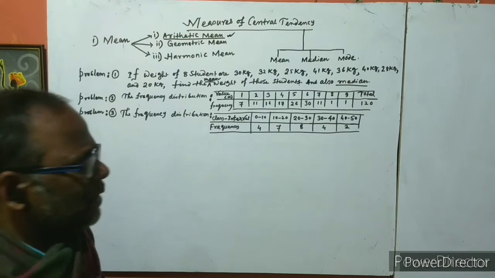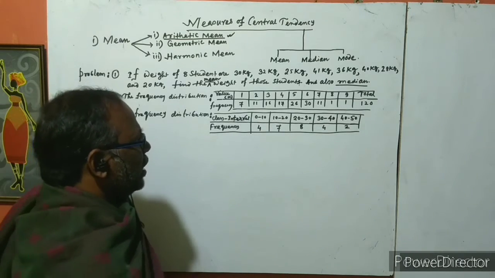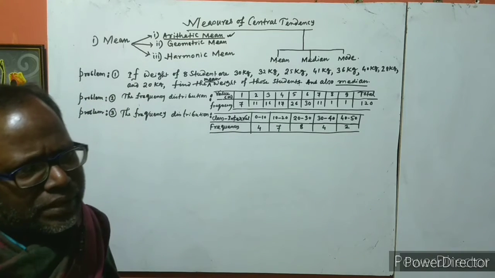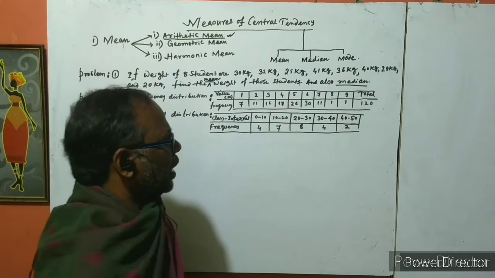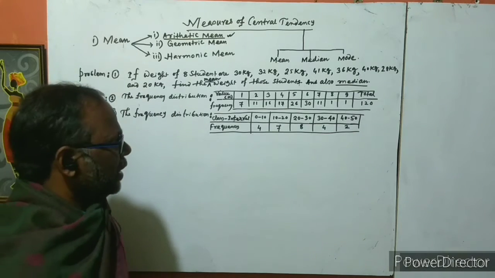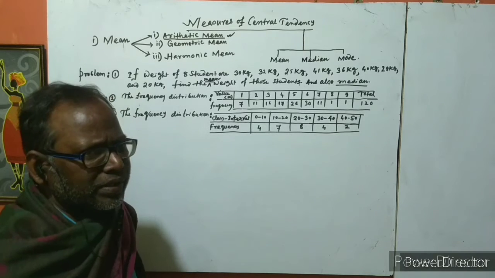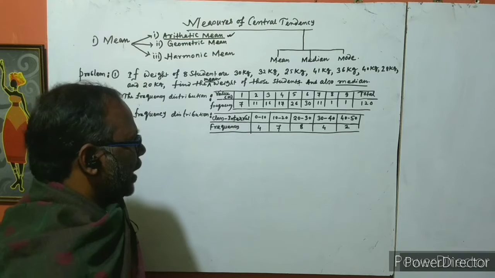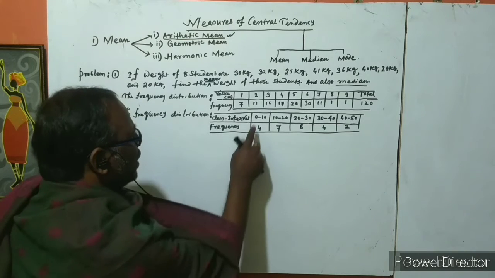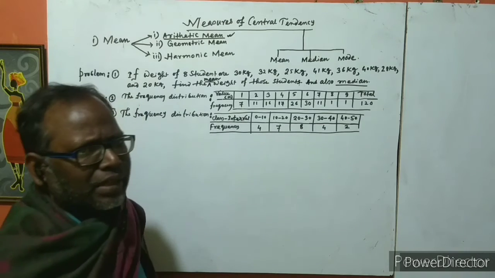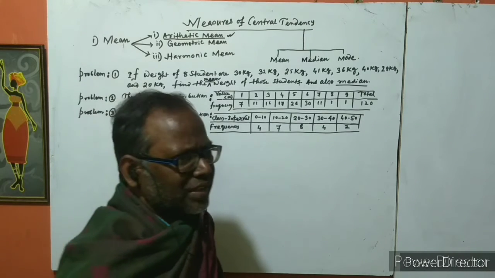Some other class intervals are 0 to 10 and 11 to 20; those intervals are called class intervals only, not boundaries. If it is boundaries, it is a continuous class interval. And if it is 0 to 10, 11 to 20, and 21 to 30, that type of interval is called a discontinuous class interval.